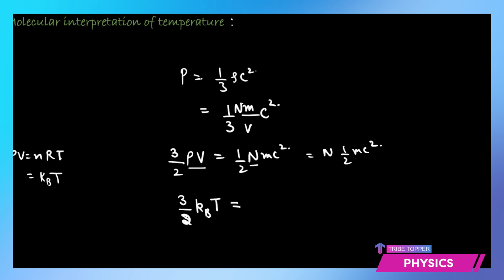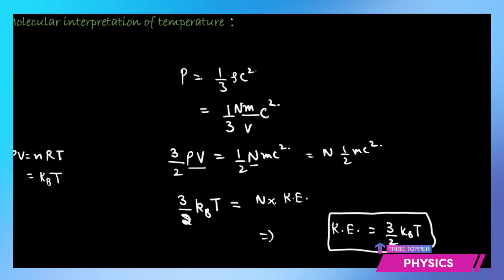It is equal to n times half m c squared, that is the kinetic energy. So just assuming it for 1 mole of a gas, n is 1, so kinetic energy is 3 by 2 kBT. We have used this formula in one of the problems based on gas laws. So kinetic energy is related to the temperature with the relation 3 by 2 kBT.